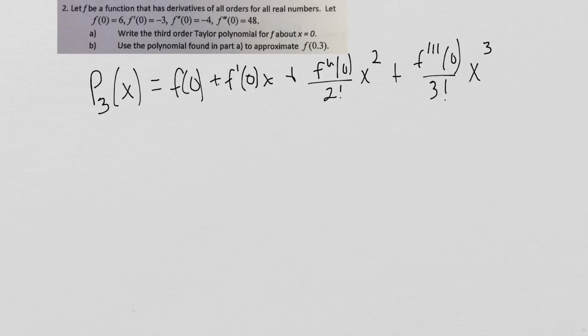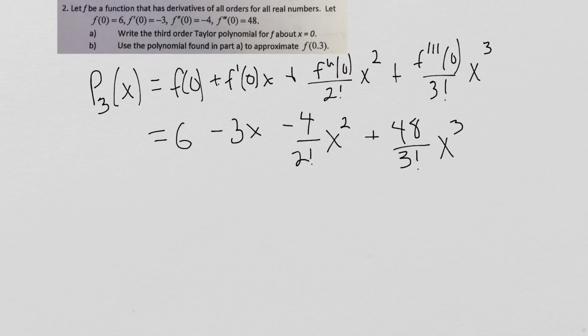So all I have to do is plug in this value here, this value here, this value here, and this value there. When I do that, I get all these pieces, and then I should probably simplify these two right here. So I'll do that. This is going to leave me with a 2. 48 divided by 6 leaves me with an 8.